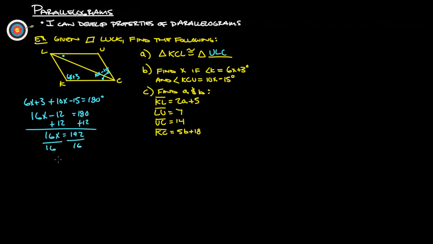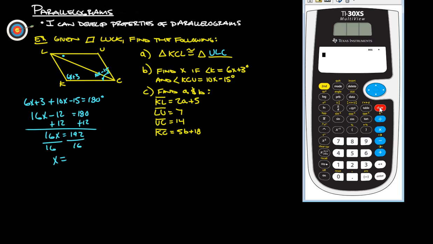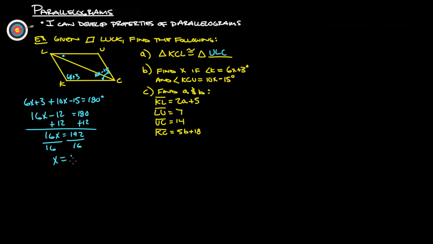Divide both sides by 16, and let's see what we get here. So 192 divided by 16, and we get that x is going to be 12. So it says find x, and x is 12 on this one here.